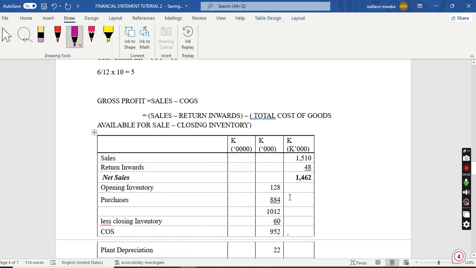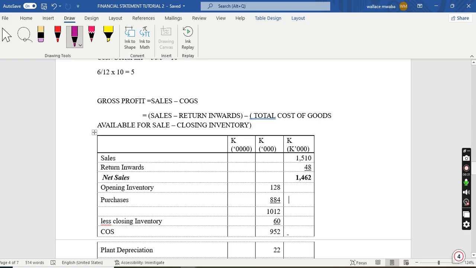After your opening inventory, you're now going to add in your purchases, the goods that you brought in that year. With purchases, there are usually some adjustments, just that in this question there's no carriage inwards and return outwards.